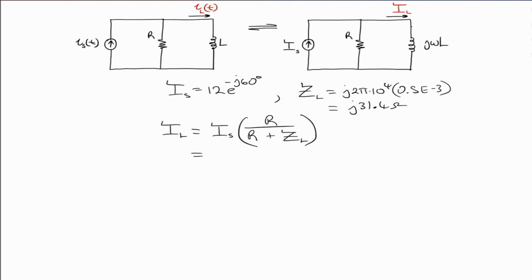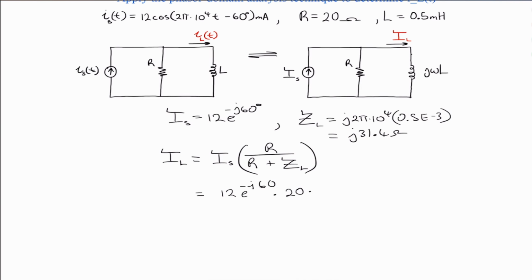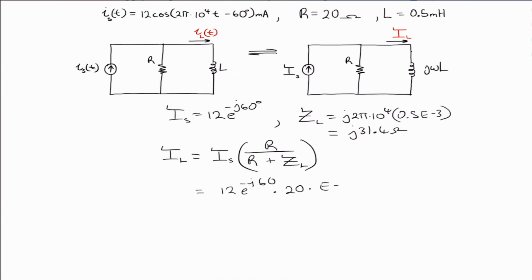This equals, and you can just place your current in. So you can say 12 times the complex exponential e to the j 60 times a resistance of 20 ohms. And our current is in milliamperes, so we want to put an e to the minus 3 there.